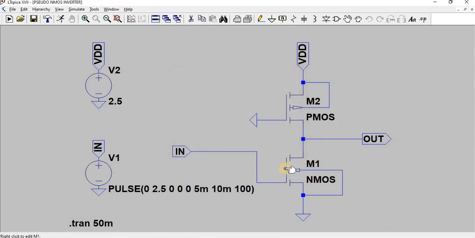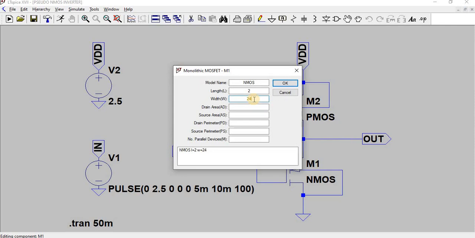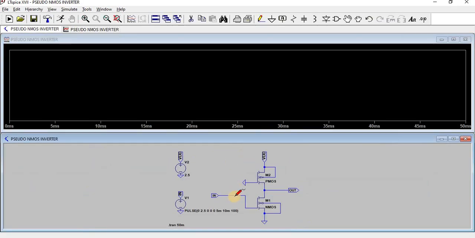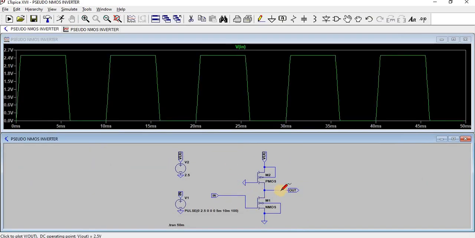For example, if I keep the W/L ratio at 12/2 and run the simulation, looking at input and output, you can see the output is not completely coming to 0, because both the PMOS and NMOS are on, and the NMOS tries to pull the output completely to 0 but it does not happen.